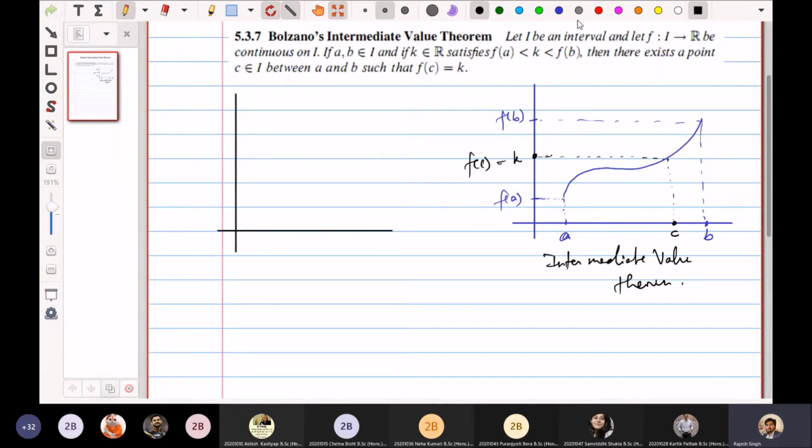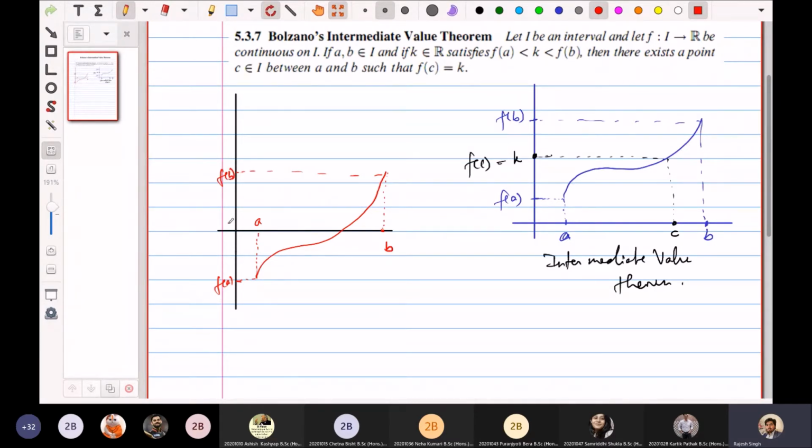For example, let me draw a continuous function. Suppose this is the same function. Now our coordinate system has changed, shifted a little upward basically. So this is your f(a), this is your f(b), and some point k is lying between these two.